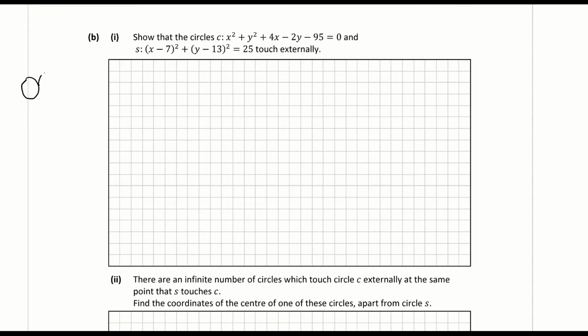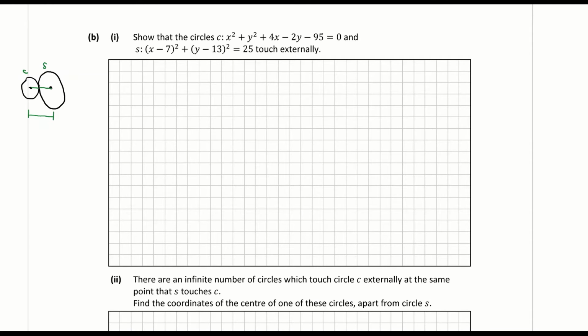So if we do a quick sketch of what's going on here, and if they touch externally, it basically means that if I get the distance from the edge of the circle to the center for one of my circles, let's call that C, and I get the distance from the edge of the circle to the center of my other circle S, that is the same distance as me getting the distance from point to point, center to center.